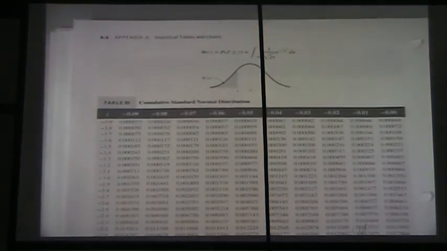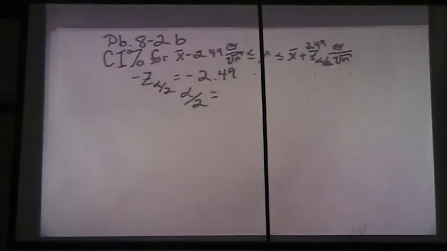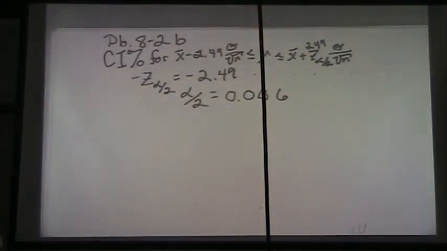Now, once again, to avoid having to go through a lot of tedious math, I'm going to throw away those last 3 numbers and just take it as 0.006. So alpha divided by 2 is 0.006.